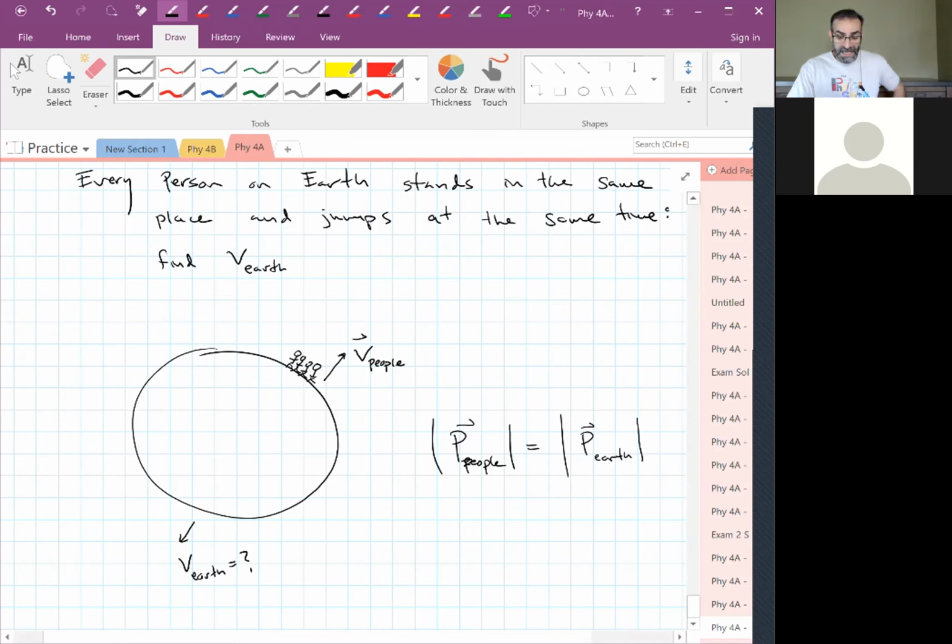The magnitudes have to be the same, the directions have to be opposite. So this is the mass times the velocity equals the mass times the velocity.